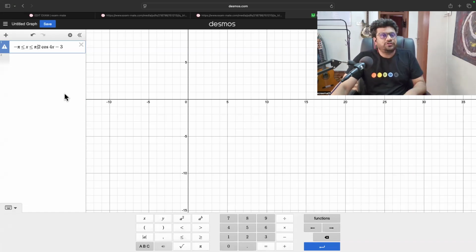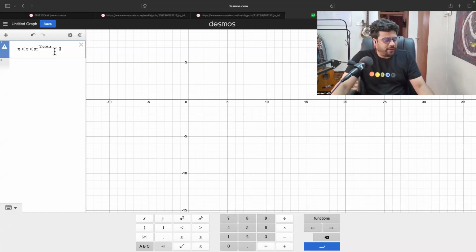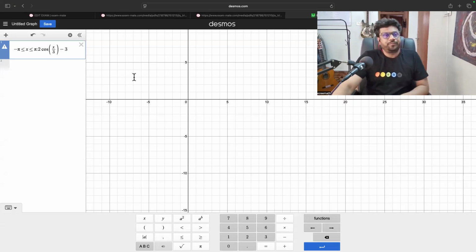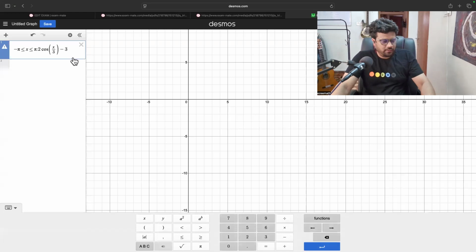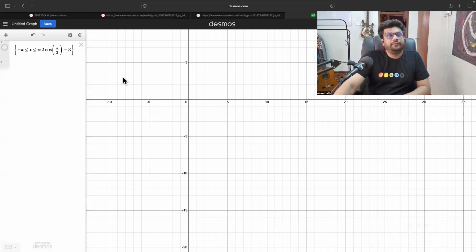And I will also make sure that there is a fractional thing happening here. I would want to take x divided by 3 maybe. Oh, that's wrong. I want it to be between minus π and π. There it is. Okay, fine. I'll go as usual.